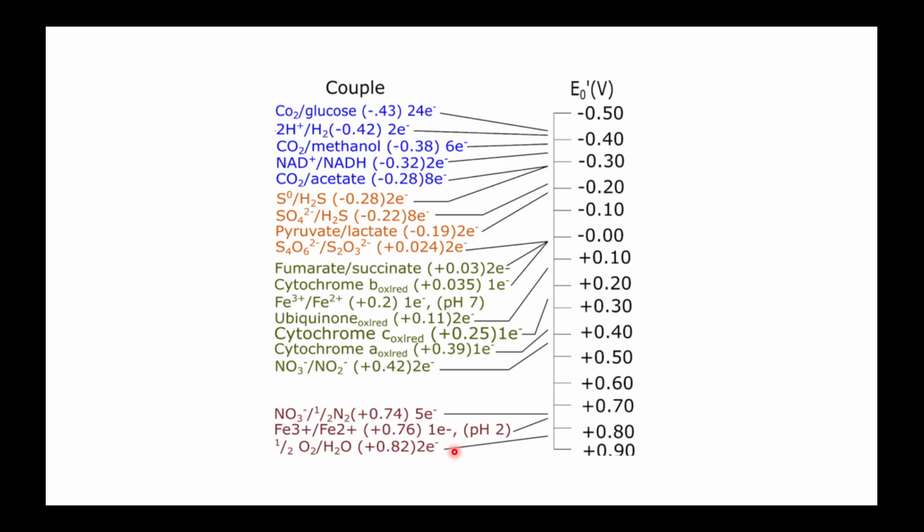This is the list of the E naught values of certain biological reactions that go on inside our system. You can see NAD plus and NADH has a redox potential of minus 0.3, whereas all the other reactions, that is ubiquinone, cytochrome C, and O2 by H2O, all have a positive value. So the lowest among all is NAD plus NADH. That is the correct answer.